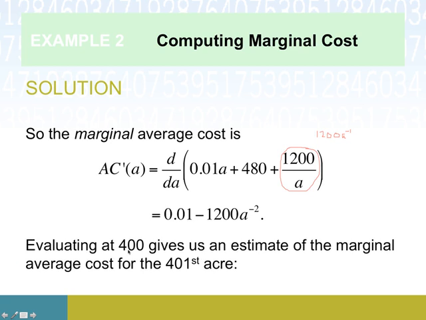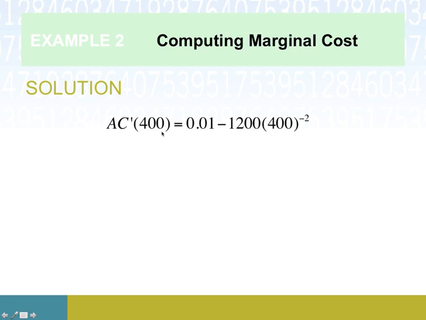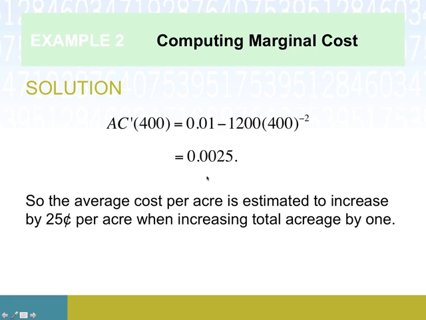If we actually dumped in 400, then we would see how much we would anticipate average cost changing for increasing by 1 acre. So here's a 400 dumped in for our acreage. It's about 0.0025. And then our interpretation of that is about average cost. So again, we're just doing our typical derivative interpretation.